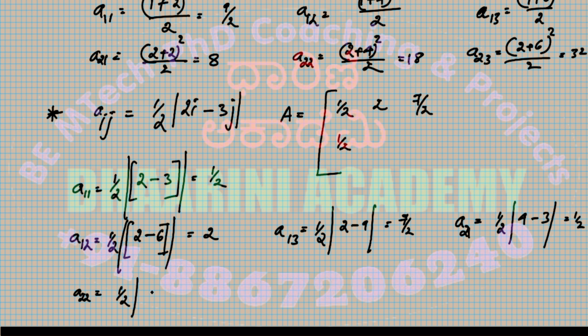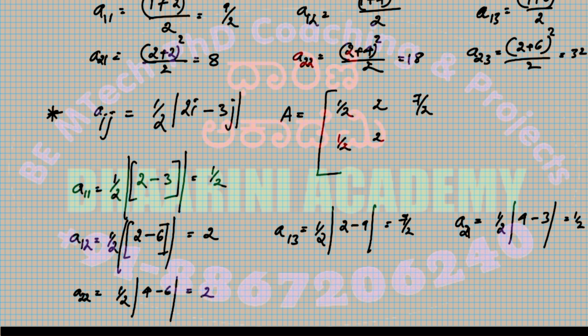So half the magnitude, 2 into 2, 4, minus 3 into 2, 6. So this is equal to minus 2 by 2, 4 minus 6 by 2. So we can see that this is 4 by 2. So that is 2.